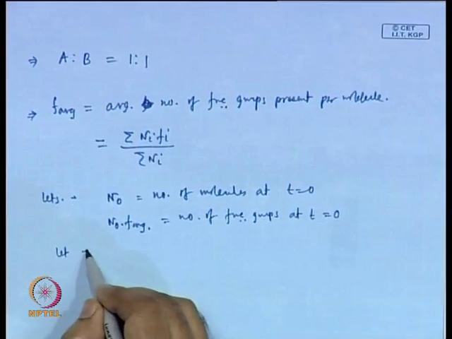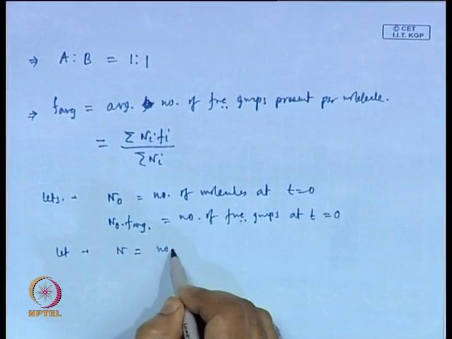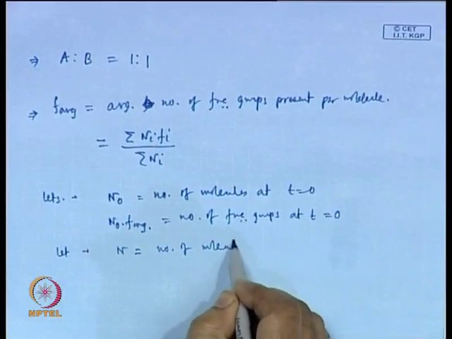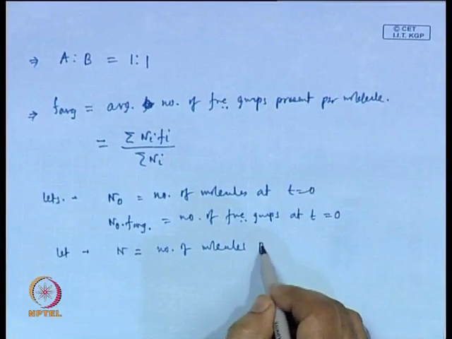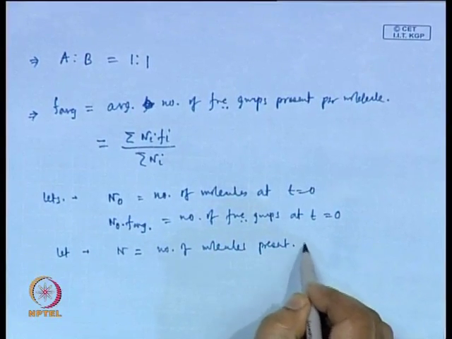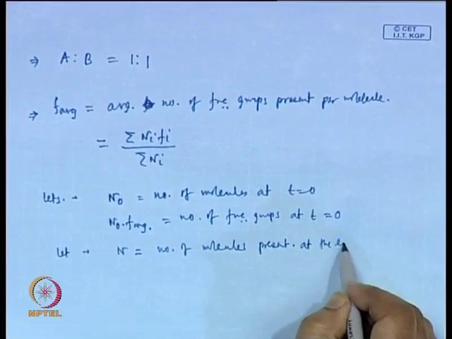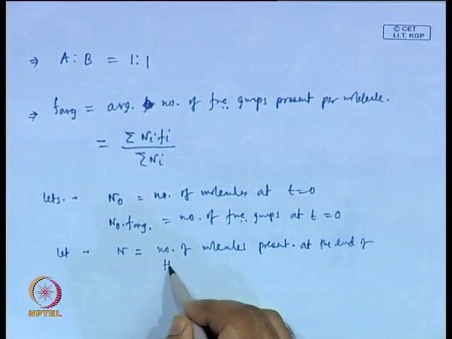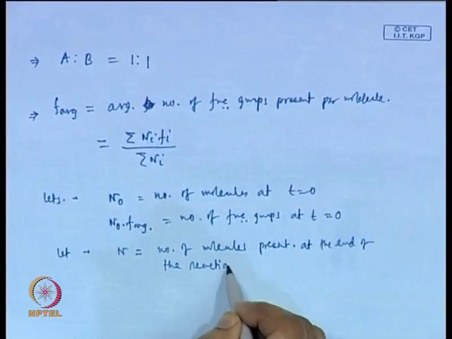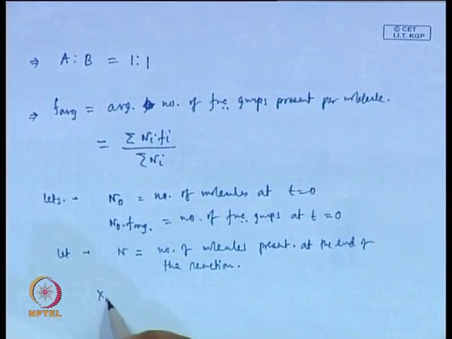Also, let N be the number of molecules present at the end of the reaction. So, what would be Xn?